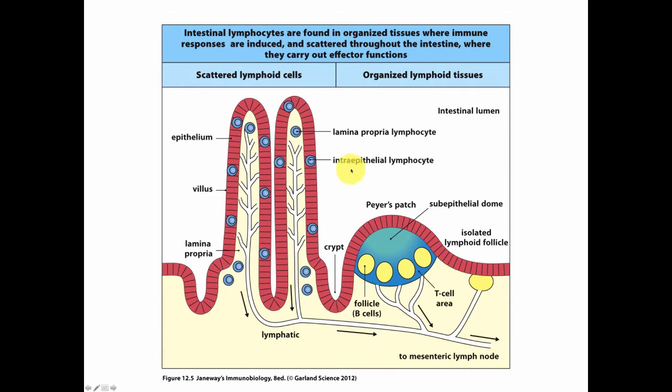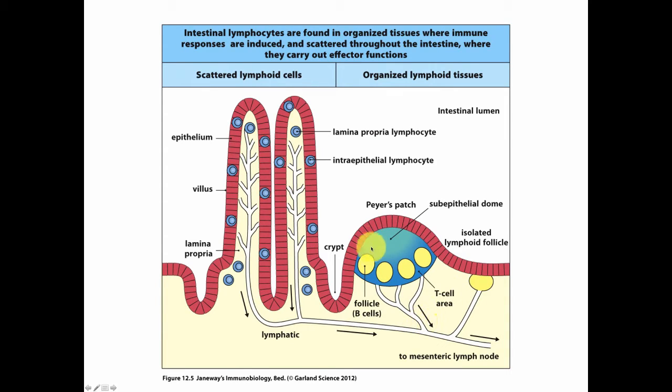And this is just a schematic showing you the different types of lymphoid cells and organs that are associated with mucosal tissue. So this is the GI tract, and so you have intestinal villi here, and epithelial cells, and you have immune cells that actually exist in between epithelial cells here, and also immune cells in the lamina propria, just underneath the epithelial barrier.